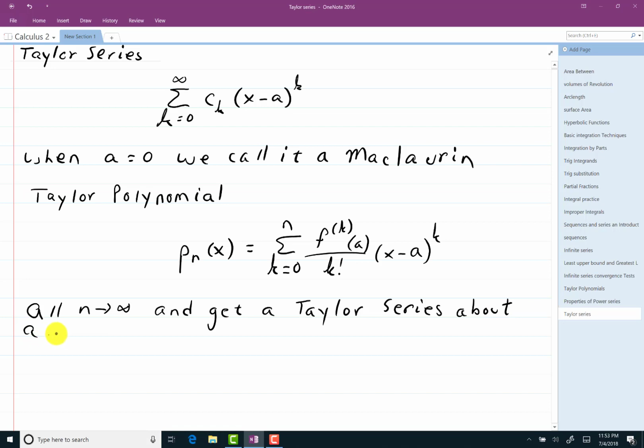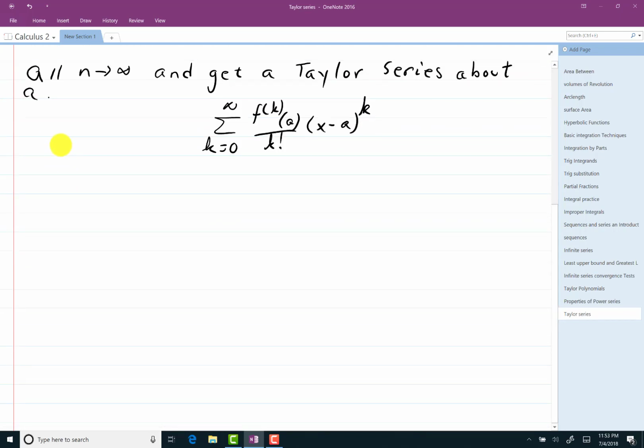And those things look like the sum. It's the same thing. I'm just going to change the n to an infinity. All the derivatives are evaluated at a, over k factorial times (x minus a) to the k. So basically, I'm just going to redo some of the stuff we did in determining Taylor polynomials and allowing this to go on.